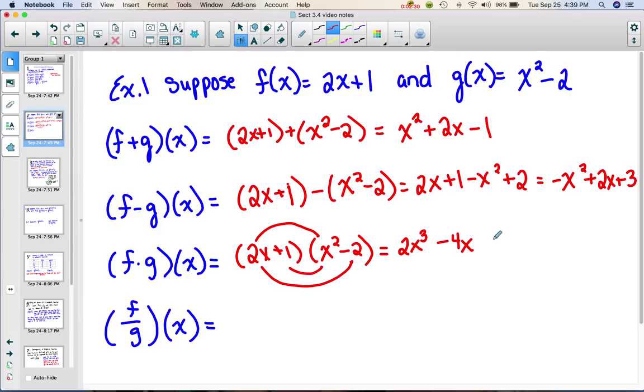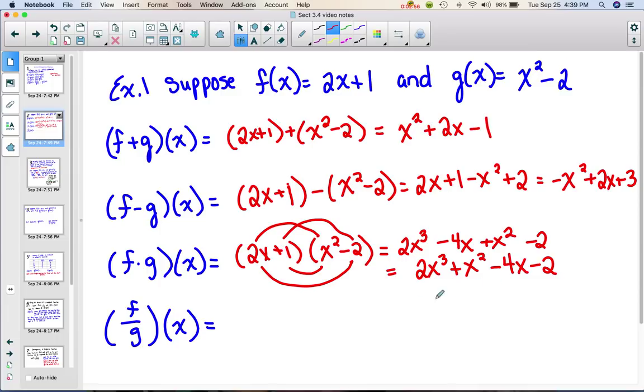The inside, I get plus x squared. And the last, I have minus 2. So I get 2x cubed plus x squared minus 4x minus 2. And there were no like terms to combine, but the conventional way to write this would be with the exponents in descending order.